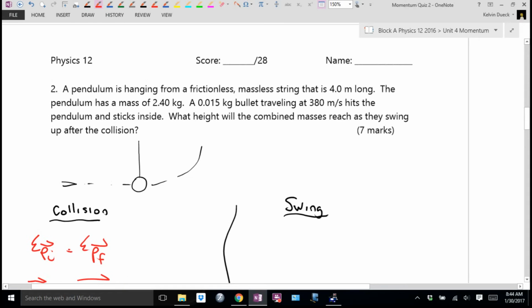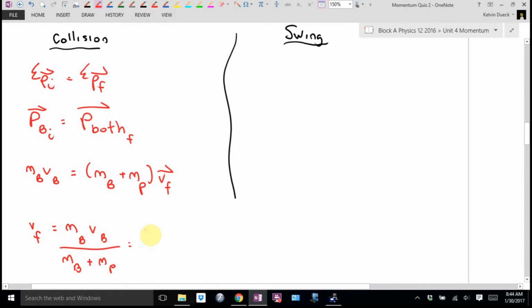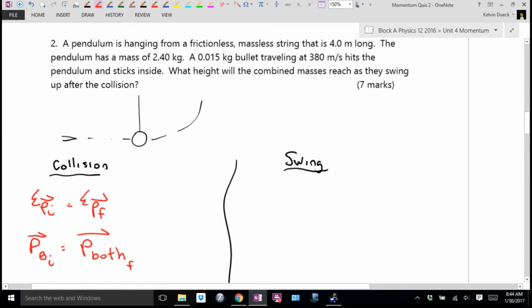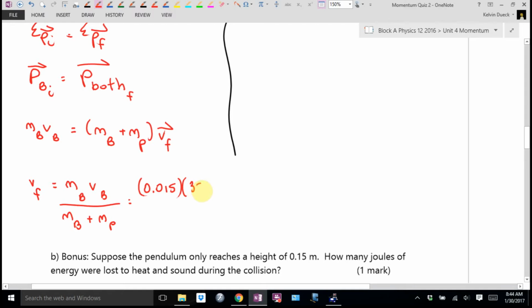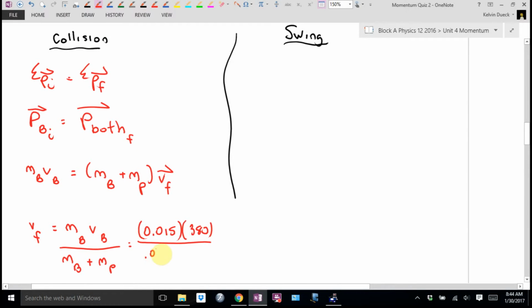What was the mass of the bullet? 0.015. Velocity of the bullet was 380 divided by 0.015 plus, I think it was 2.4, is that right?